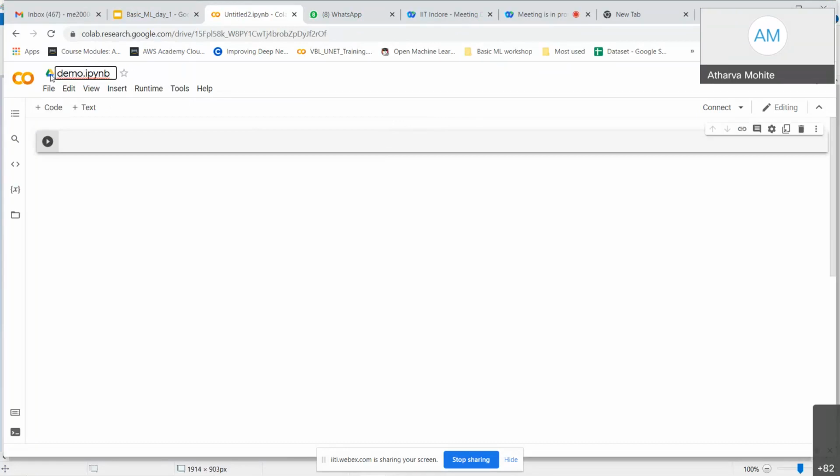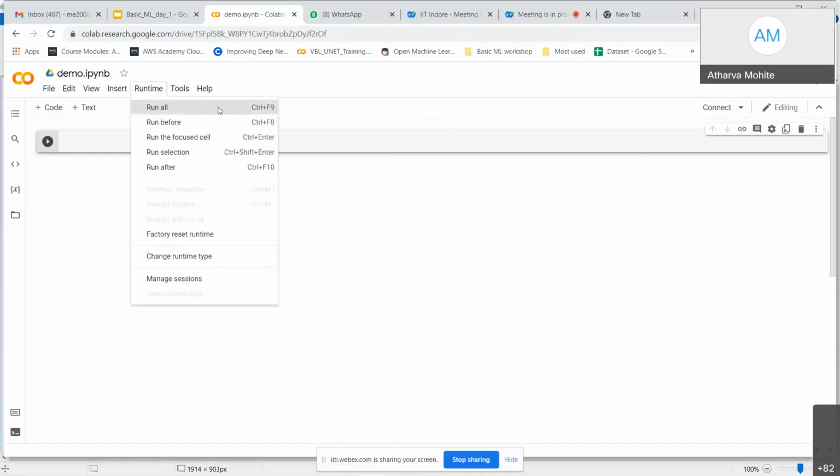Now the Google Drive icon here signifies that the notebook you created is saved on a Google Drive. So you can access it directly from there. Here are the different tabs. This one's the runtime tab. Here you can either run the selected cell or run the complete notebook at once.